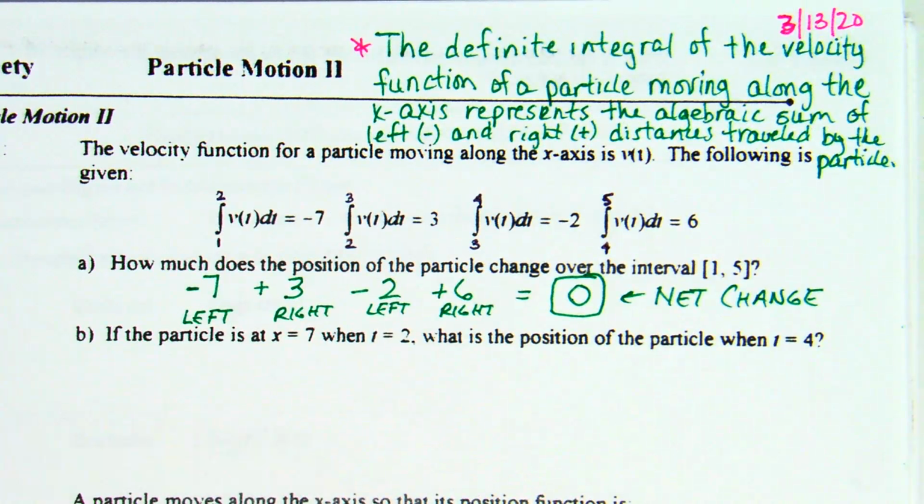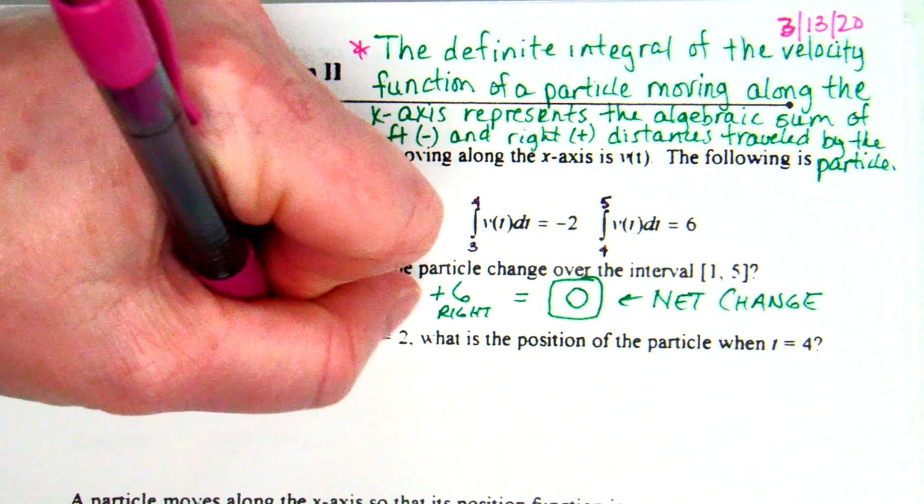Notice, first of all, they talk about the particle starts at 7, so instead of starting from 0, we're going to start at 7. But then we're going from t equals 2 to t equals 4, so we're going over the interval 2 to 4.